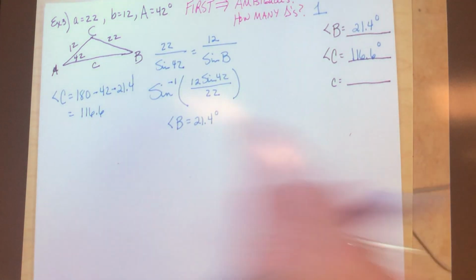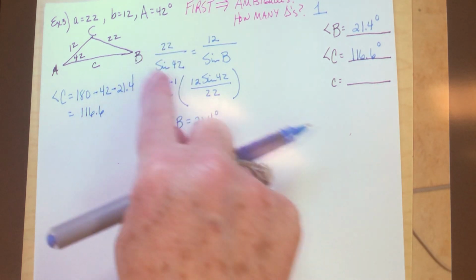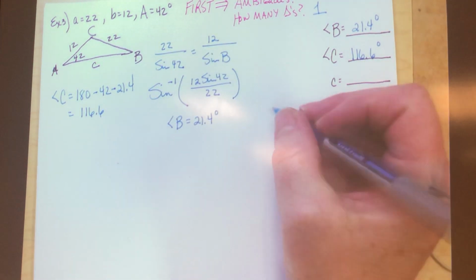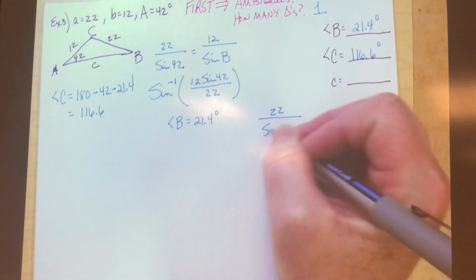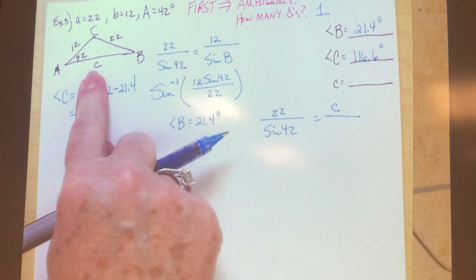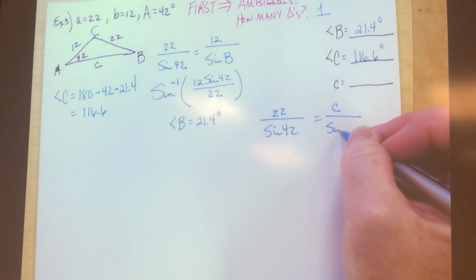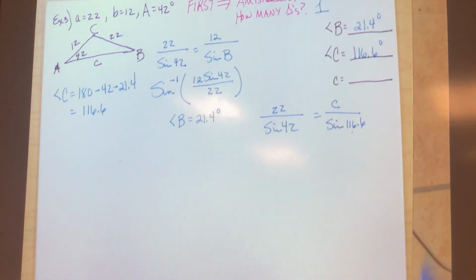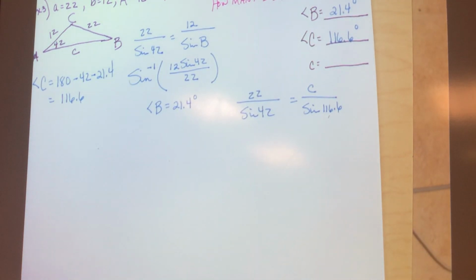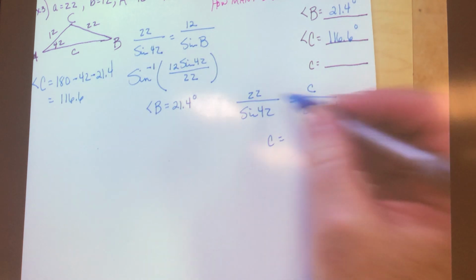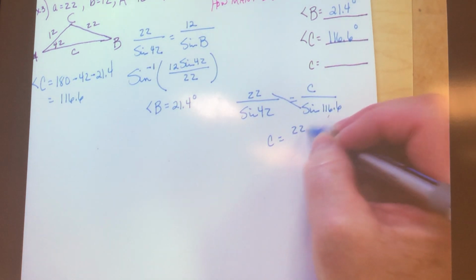All right, so I'm still gonna use the same part of my proportion. So I'm gonna say 22 is to the sine of 42 as C, because that's all I lack, is to the sine of C, 116.6. Am I using an inverse sine here? No, people, I'm not looking for an angle, okay? So, C is equal to, the two that I do know go on the top.